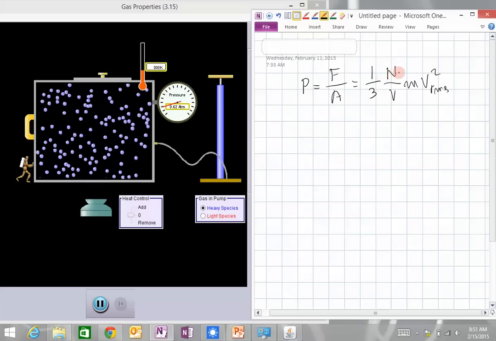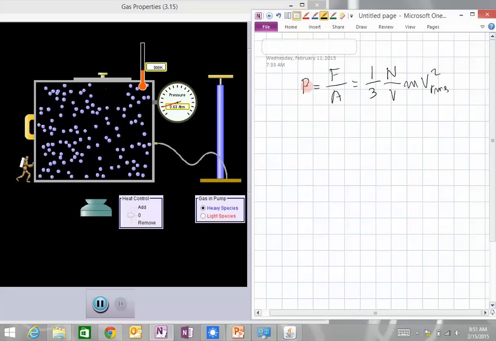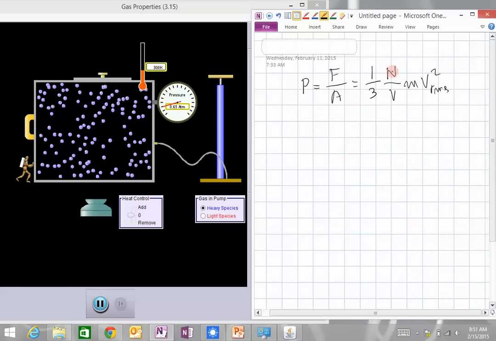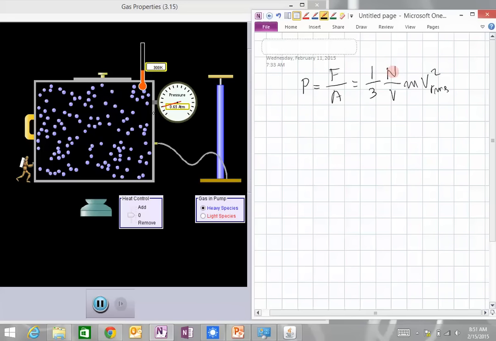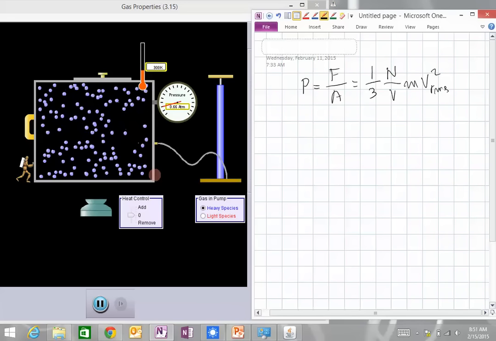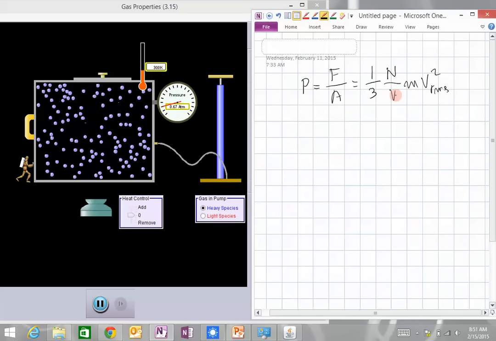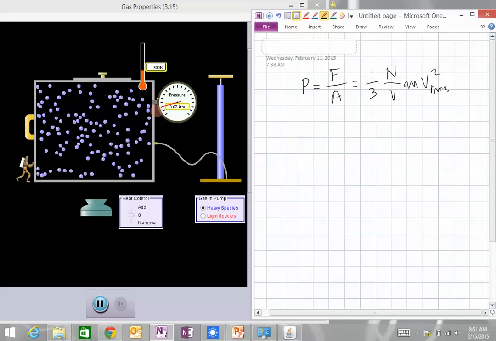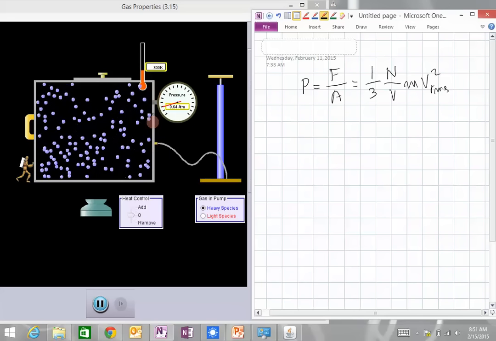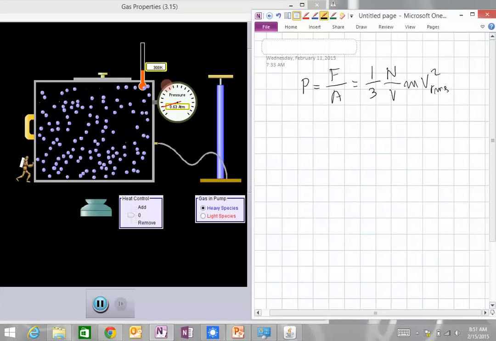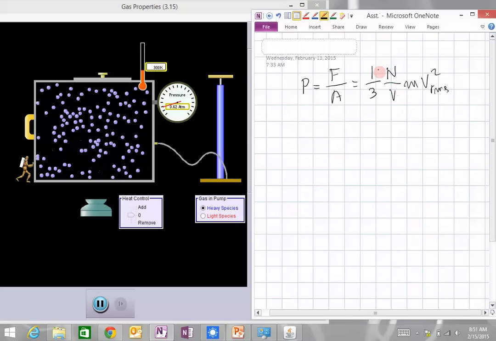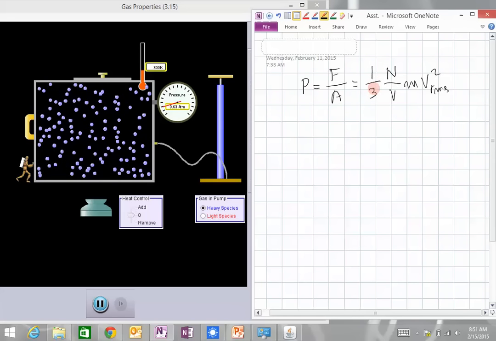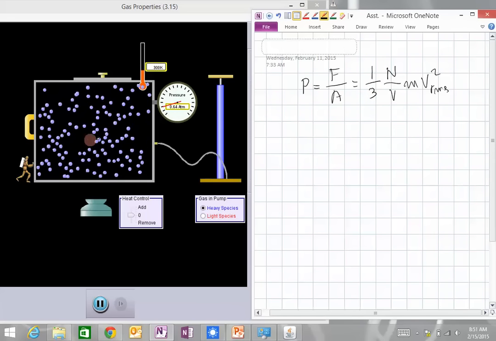But basically the pressure depends on what? The number of particles. The more particles you have, the more collisions you have. It's inversely proportional to the volume. The bigger this area, the fewer collisions you have and the less force. It's multiplied by 1 over 3 because you have three coordinates, right?